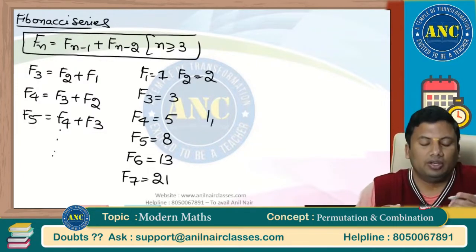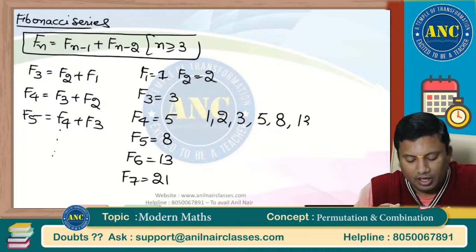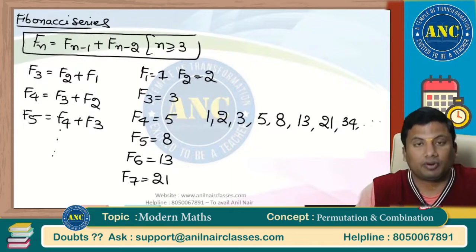So the first value is 1, the second value is 2, 1 plus 2 is 3, 3 plus 2 is 5, 5 plus 3 is 8, 8 plus 5 is 13, 13 plus 8 is 21, 21 plus 13 is 34, and so on.